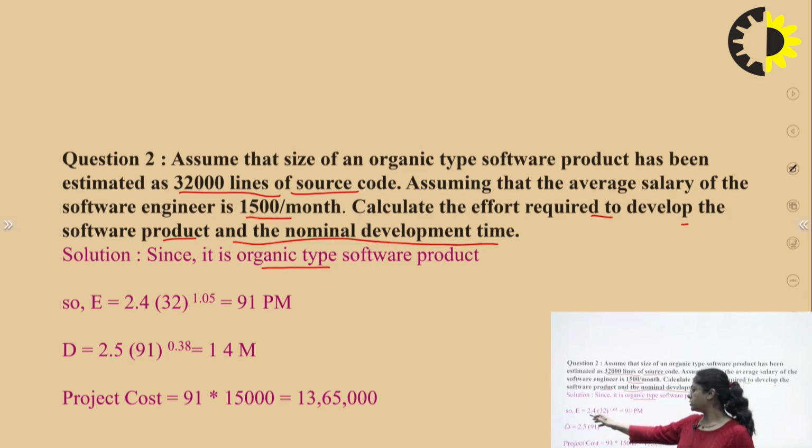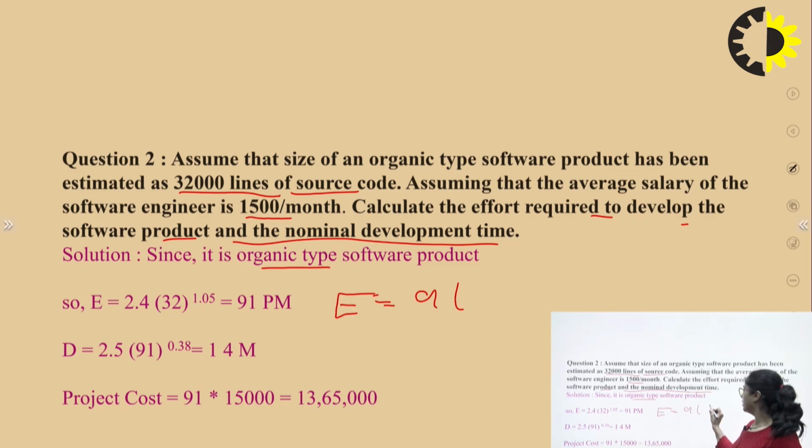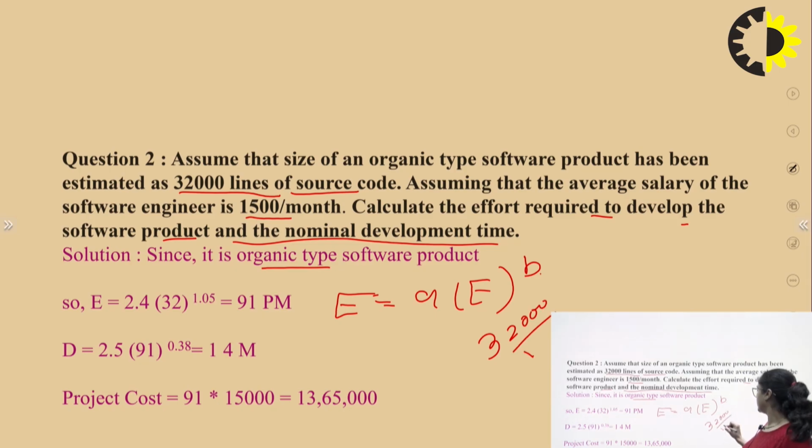The formula for calculating the effort is E equals A into KLOC to the power B. Here A and B values are constants. KLOC is 3200 divided by 1000, which is 32.